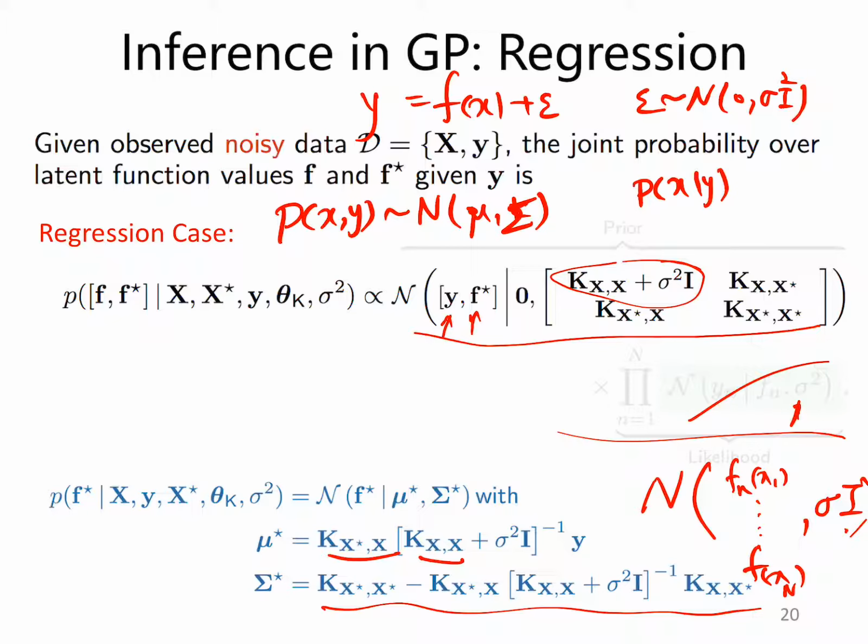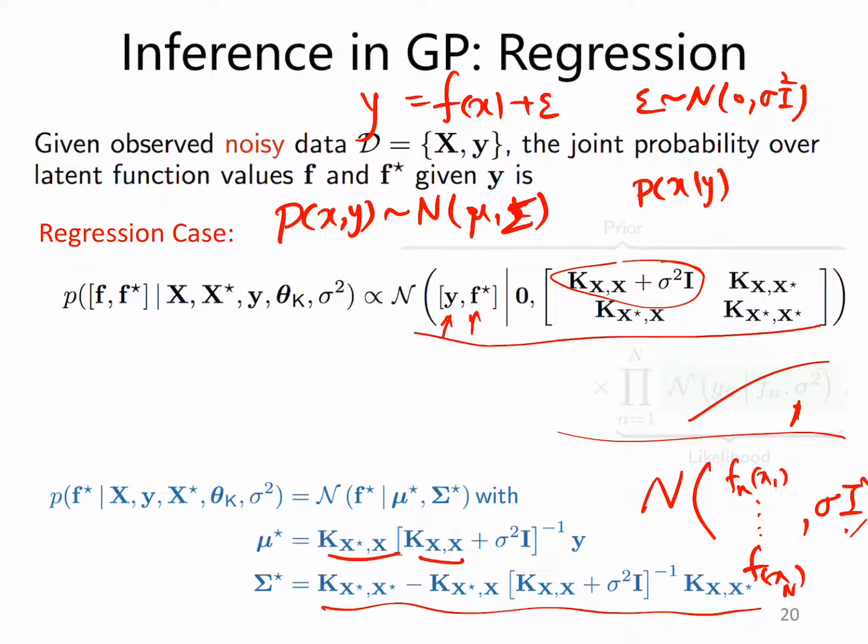Is this clear? That the y posterior has a simple closed form, very similar to kernel regression. Well, this is basically kernel regression. It's just that I'm saying it to you from a Bayesian point of view.